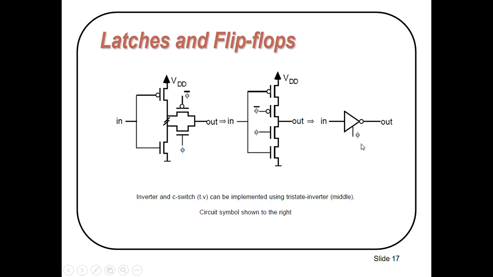This is the symbol of the tri-state inverter. This is the clock, this is the input and output, and here you can see we have applied this non-overlapping two-phase clock. This is the output and these are inputs. So we can just replace this circuit by this circuit.